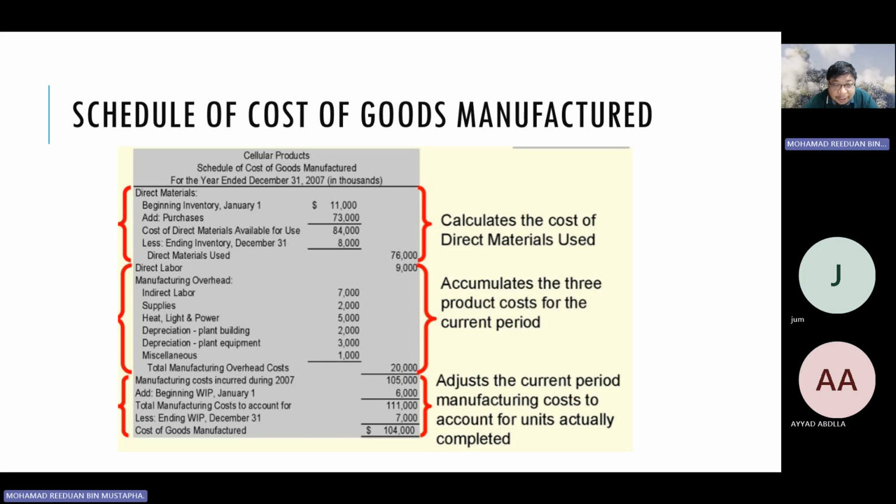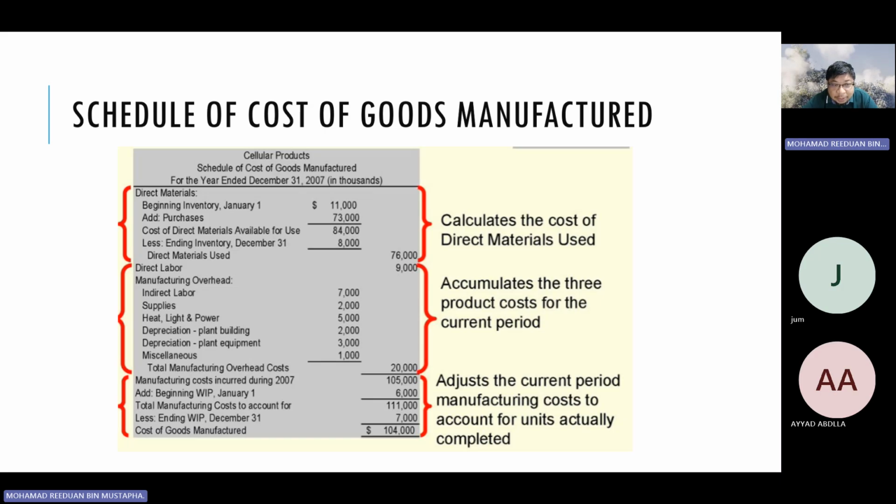The plant building normally can last 10 or 20 years, it could be 30 years. So why is there a significant amount of 2,000? It shows that normally if the depreciation is for 30 years, or 10 years, it could be less than 10 percent of the total of the asset.